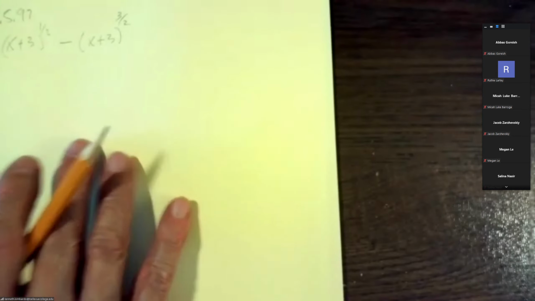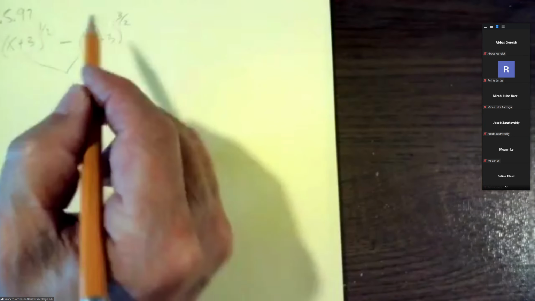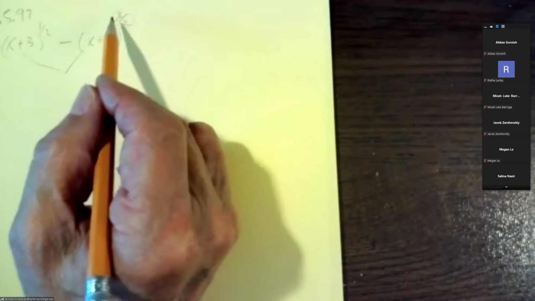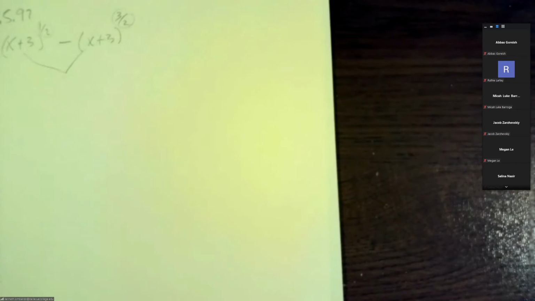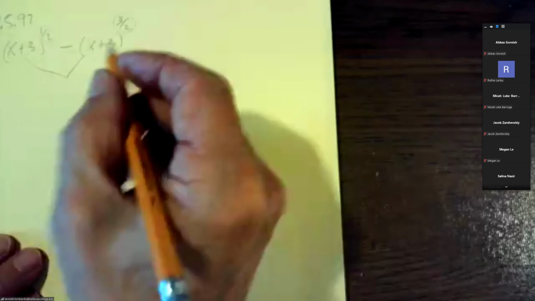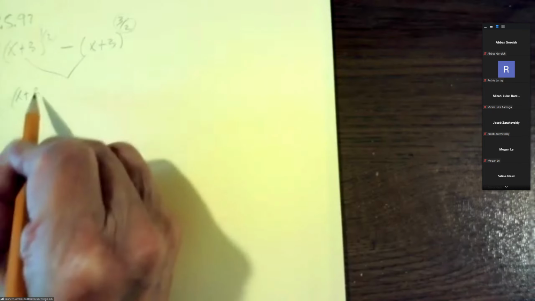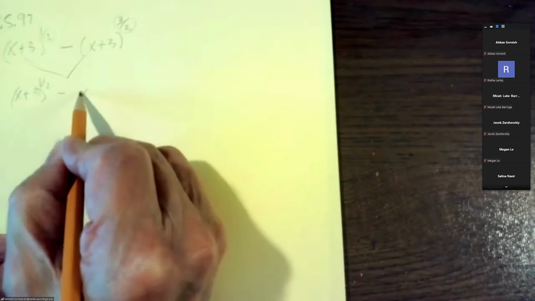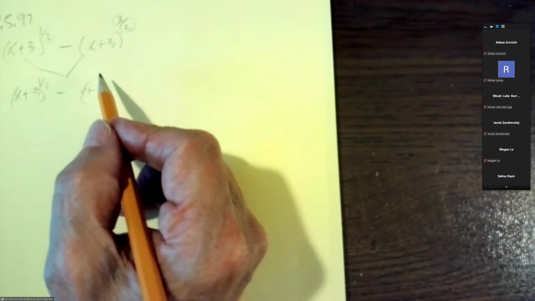Okay, this is one of those where we have a common base, which is x plus 3, and we want to rewrite the exponent. So let's go ahead and rewrite that exponent.